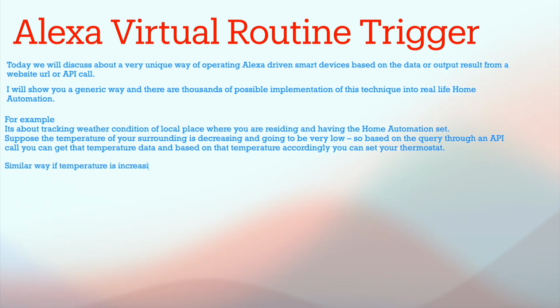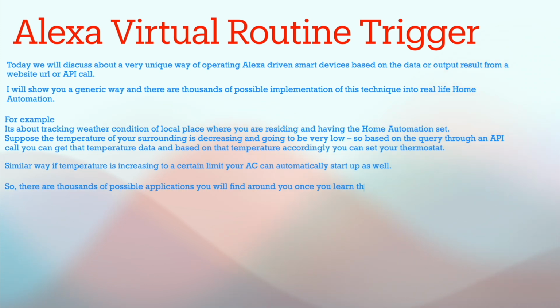Similarly, if the temperature is increasing to a certain limit, your AC can automatically start up as well. There are thousands of possible applications you will find around you once you learn the technique I am sharing in this video.